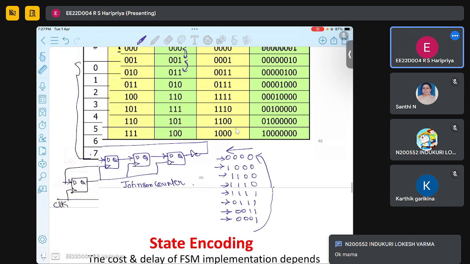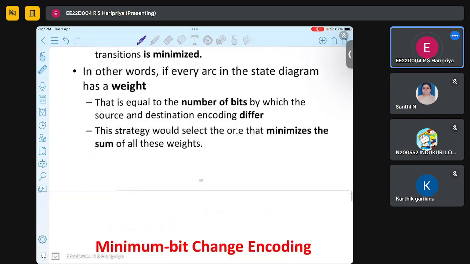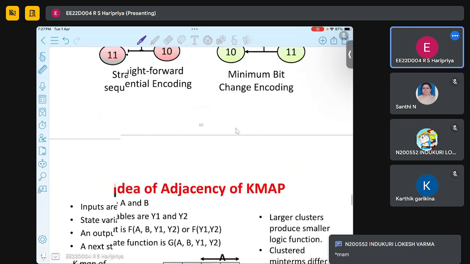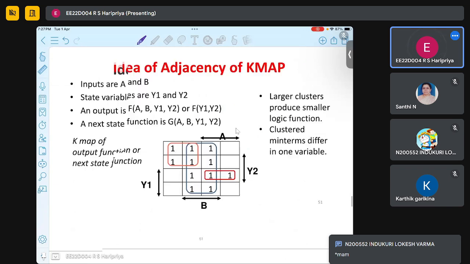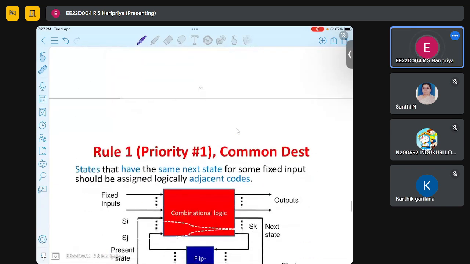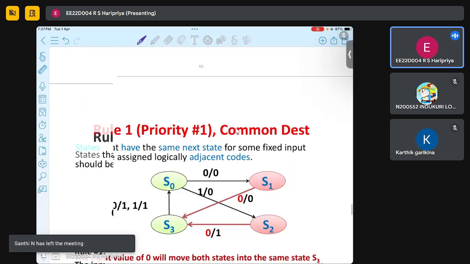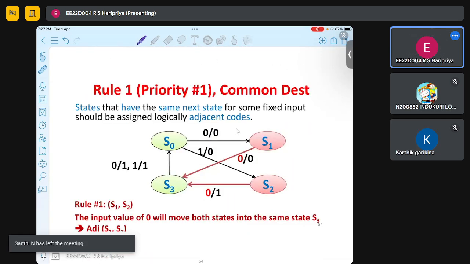So next, we just come directly to the rules and then examples. Rule 1 states that from S1 and S2, we are going to the same state.